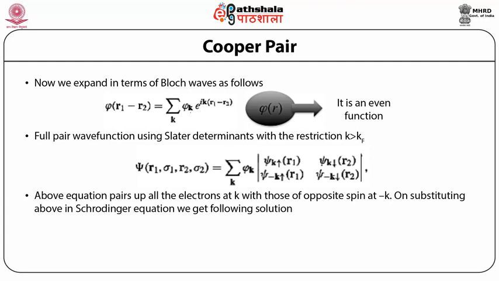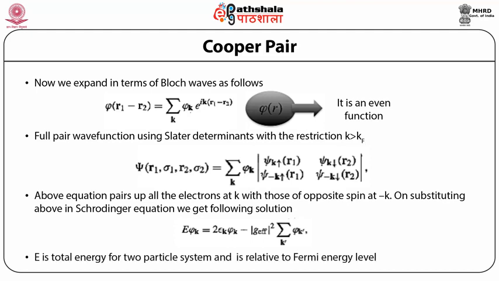On substituting the above in the Schrödinger equation, we get the following solution: E phi k is equal to twice epsilon k phi k minus mod G effective squared into the summation over k prime of phi k prime. E is the total energy for the two-particle system and is relative to the Fermi energy level.